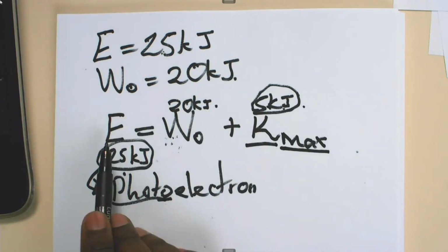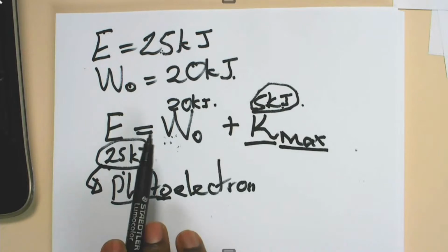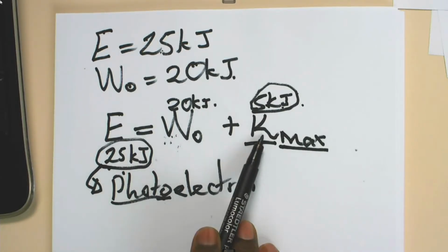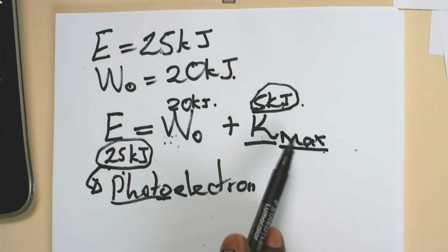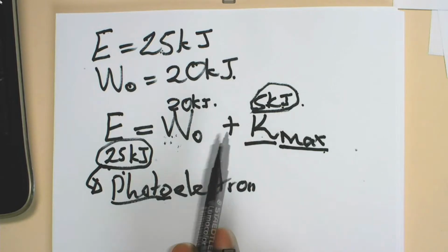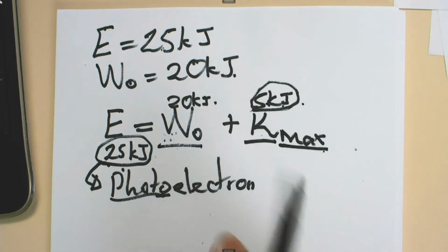So the formula here is E, which is energy of the photon, is equal to work function plus kinetic energy maximum. We say maximum because whatever is left will be used, all of it, to move away from the surface of the metal. I hope you are still with me there.